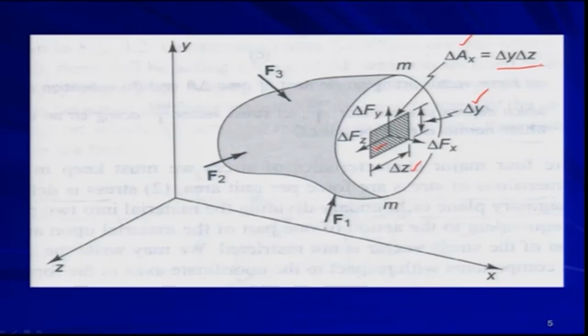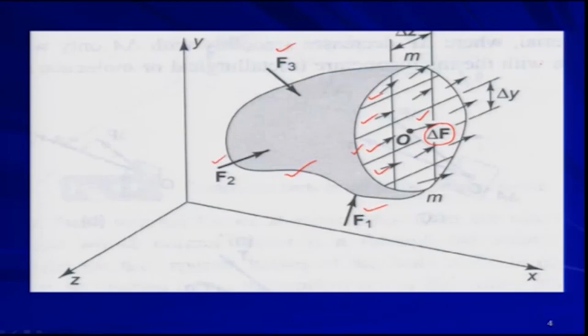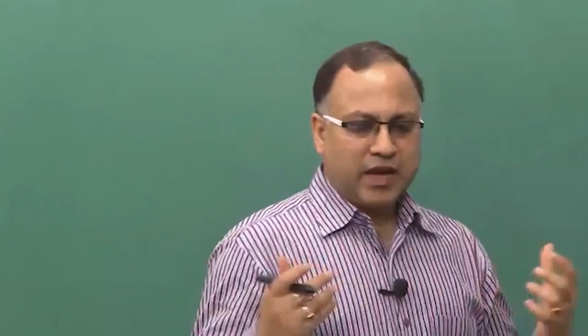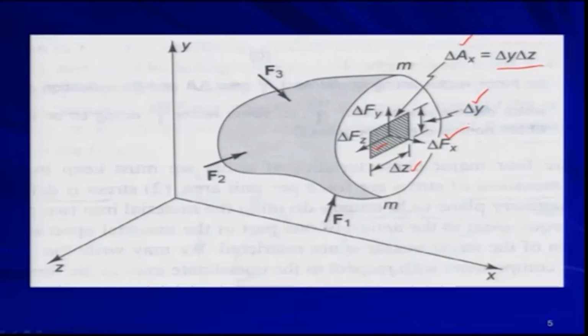Now, as I told you in the previous figure, the force delta F is acting on that particular segment, at point O. If this delta F is resolved into three different force components, in x direction, in y direction and in z direction, then I will be getting delta Fx, delta Fy and delta Fz.